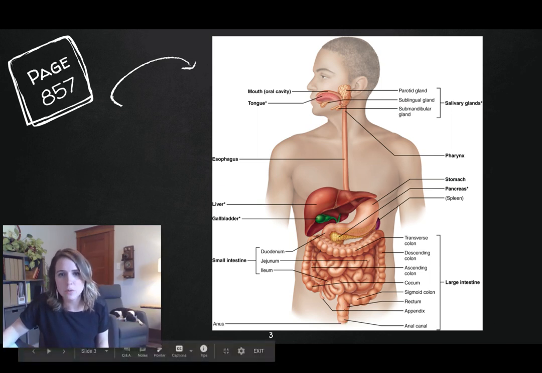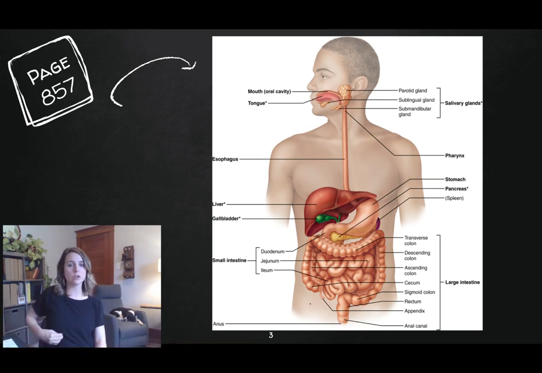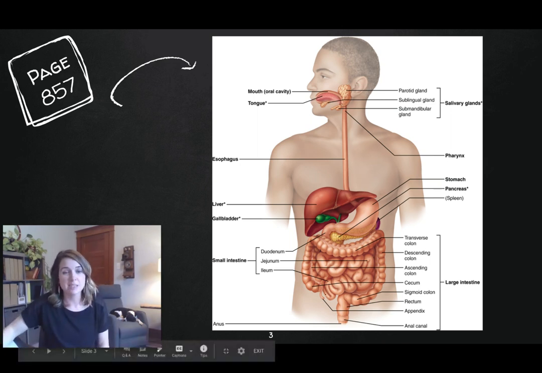So the other two things over here at the very beginning of our ascending colon is the appendix, which we've talked about before. It maybe has some minute functions in our lymphatic system, but that's about it. The bacteria and stuff can get trapped in there as your fecal matter is moving through your digestive tract and gets backed up, and you might have to have it removed.